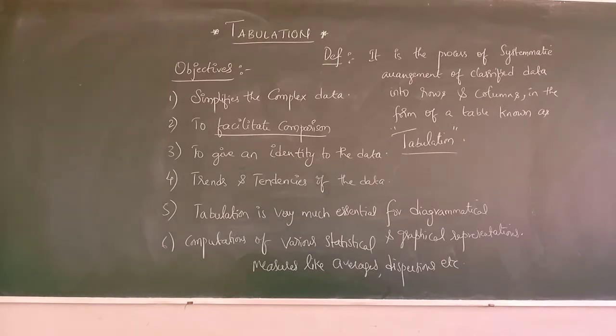Next, it gives an identity to the data. At the same time, it follows trends and tendencies of the data. Depending upon the time, situation, area, location, geographically, it follows the trends and tendencies according to the situations. And then tabulation is very much essential for diagrammatical and graphical representations, right?